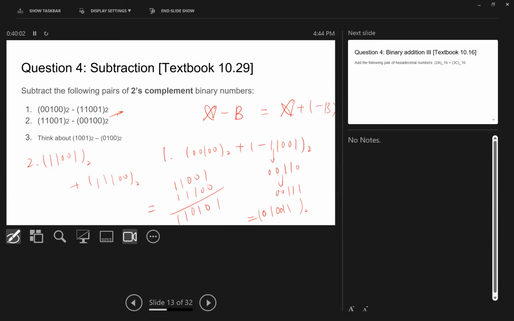No, negative 7, right? So we just flip the bits, 0, 0, 1, 1, 0, and just plus 1. That's the absolute value of this two's complement notation. And since we have the MSB as 1, we have to add a negative symbol. So this represents negative 7, and this represents 4. And we just do the subtraction, the result should be negative 11, right?